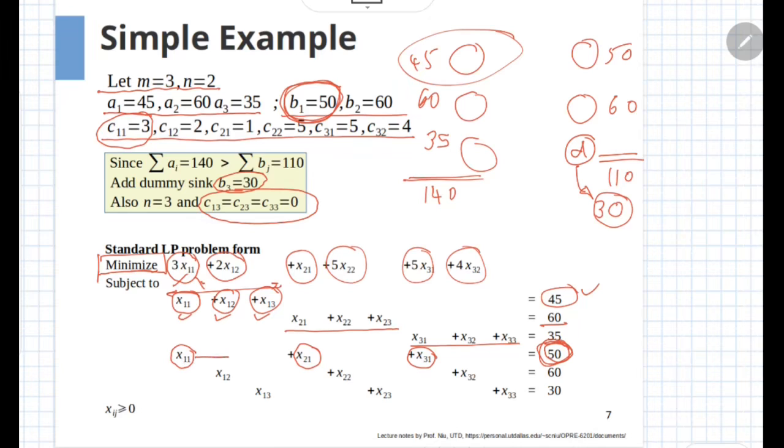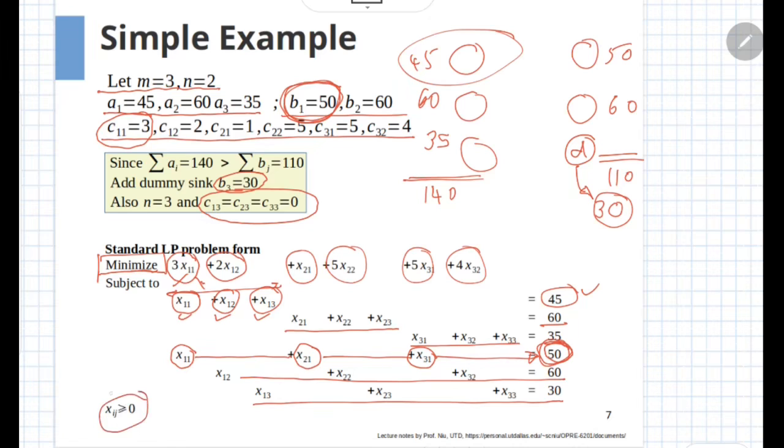So all these quantities add together to the 50. Similarly, for the second destination it is the 5th equation and the third destination it is the 6th equation, and all quantities are positive or 0. So that is how you formulate a transportation problem in linear programming form.